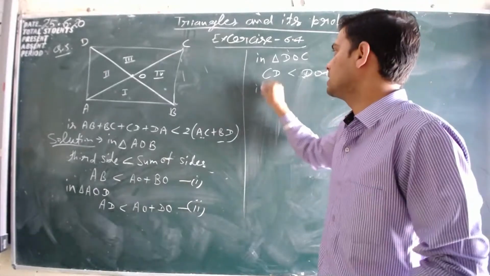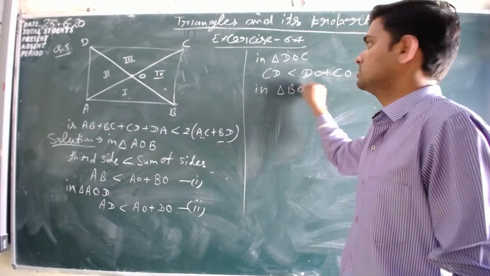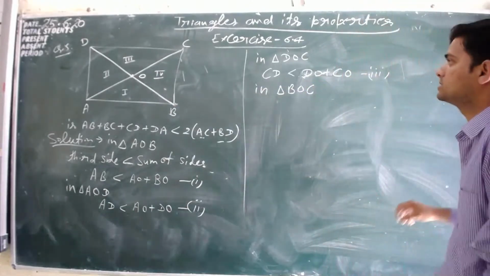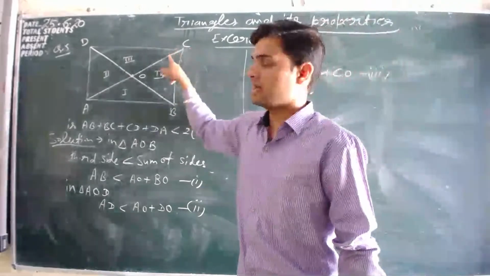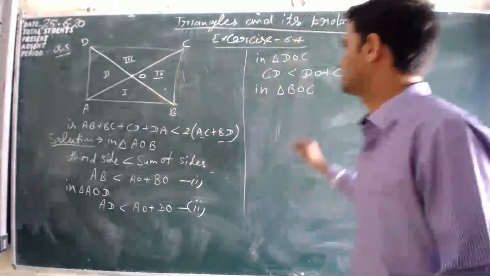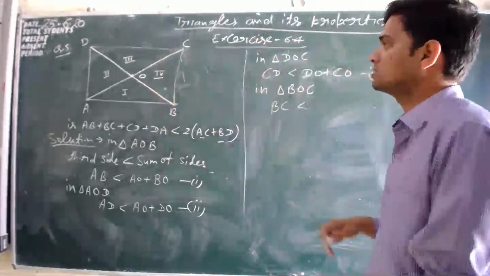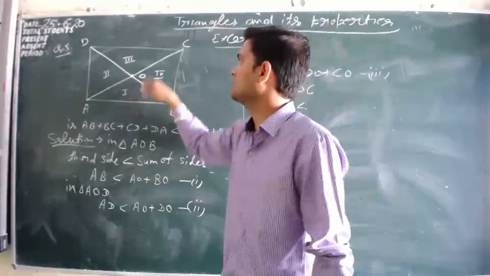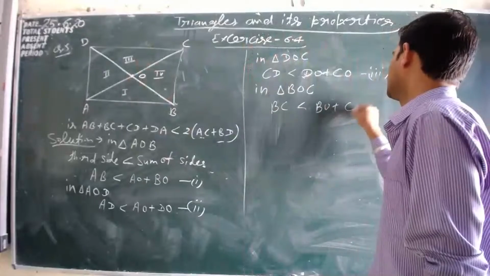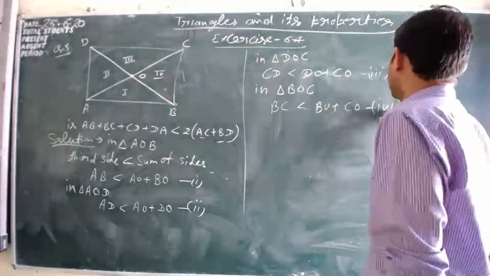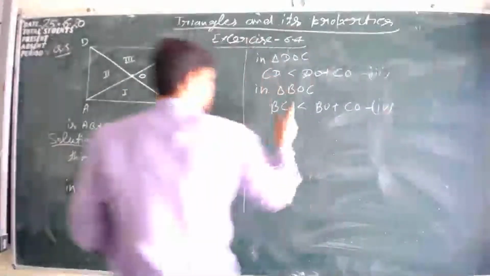Next one is in triangle BOC. Here, the third side BC is less than the sum of the other two sides, which are BO and CO. Clear? So we have four inequalities.